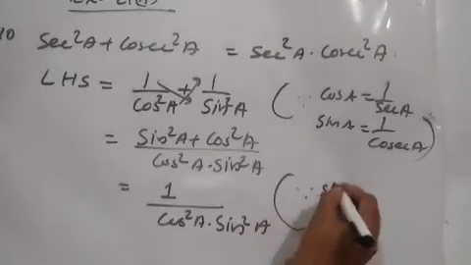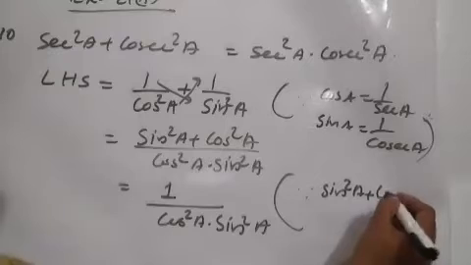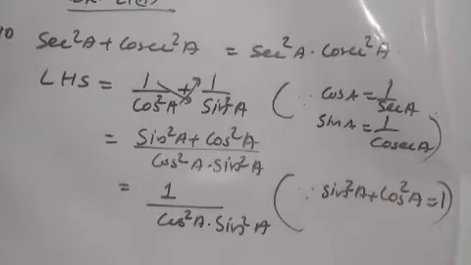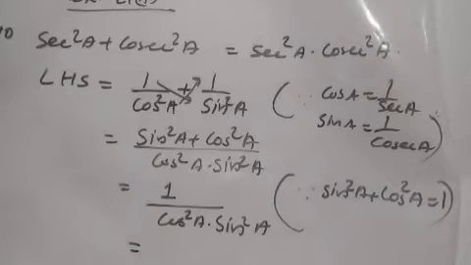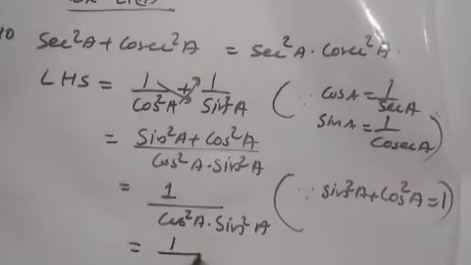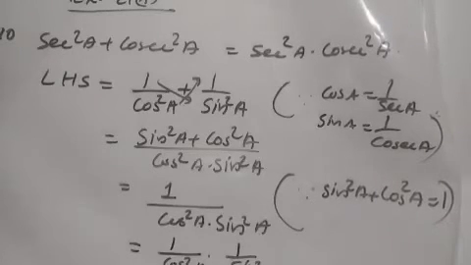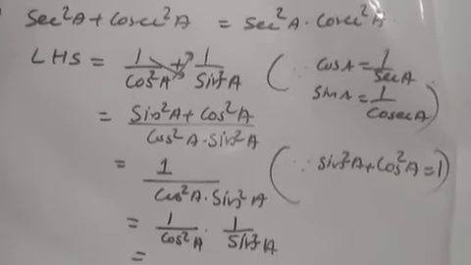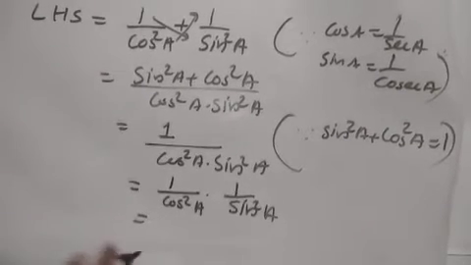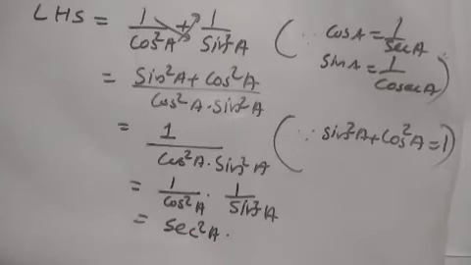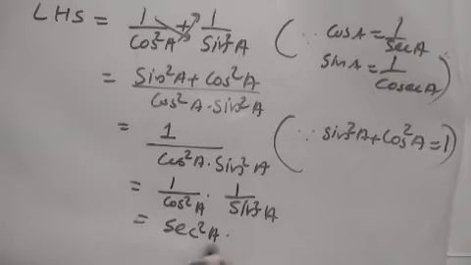Since sin square A plus cos square A is equal to 1. This is a trigonometric identity. Now let us take the reciprocal. This can be written as 1 by cos square A into 1 by sin square A. What is the reciprocal of cos square A? It is sec square A. What is the reciprocal of sin square A?